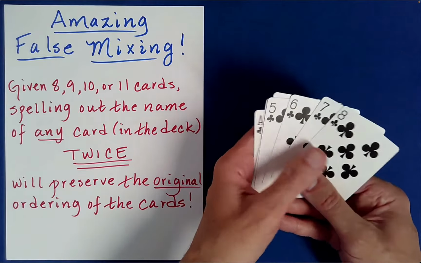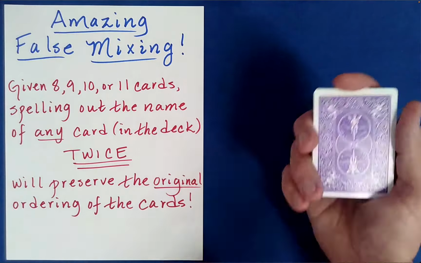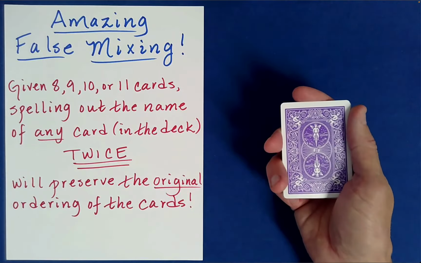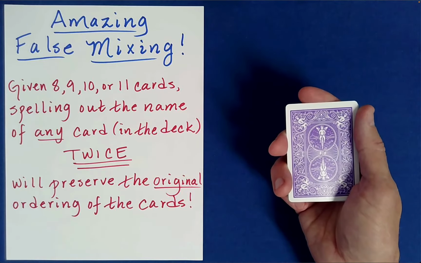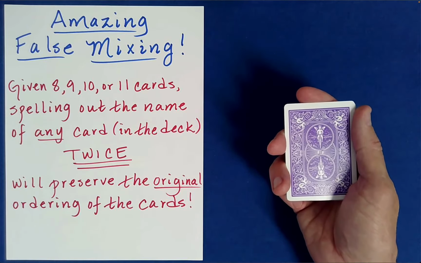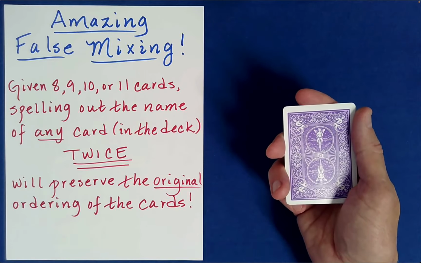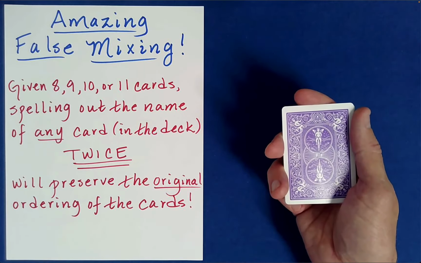Okay, so that's for 8 cards. Now, of course, we haven't verified it for all 52 cards, but I invite you to do so. If you have the stamina, it will indeed work for every one of the 52 card names.